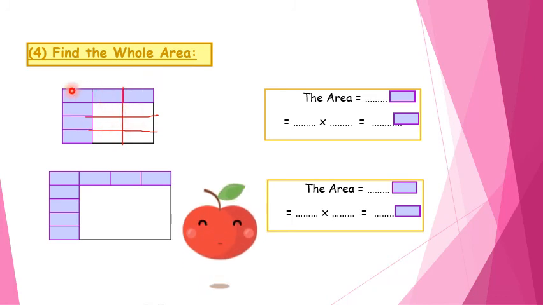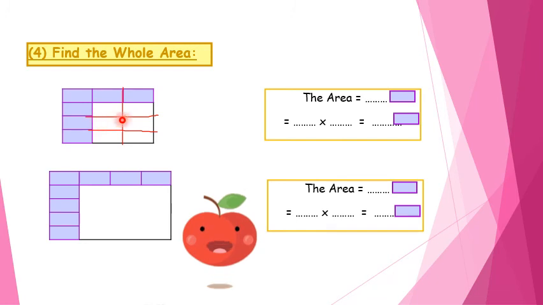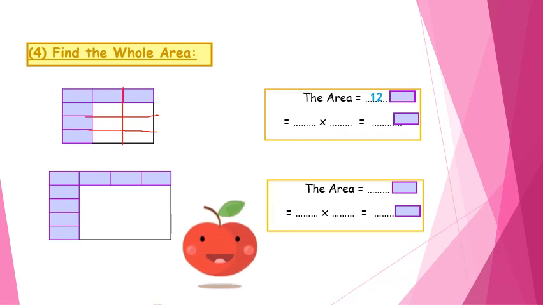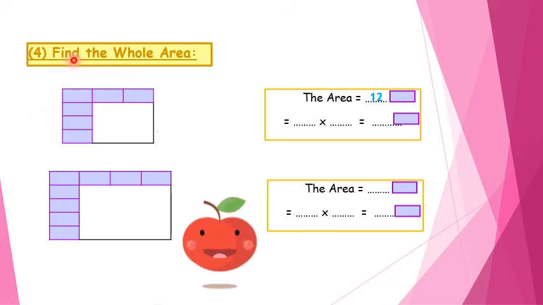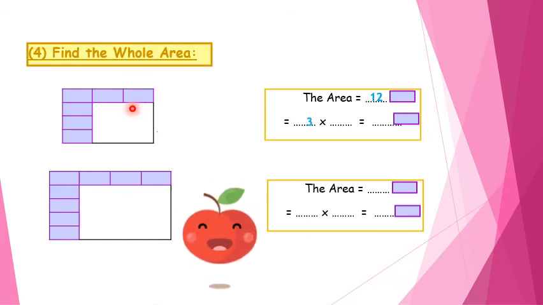Count how many units you have. 1, 2, 3, 4, 5, 6, 7, 8, 9, 10, 11, 12. So I have 12. Or I can just find the number of rows and number of columns. I have 1, 2, 3, 4 rows and 1, 2, 3 columns. So it's 3 columns and 4 rows. 3 by 4 equals 12.